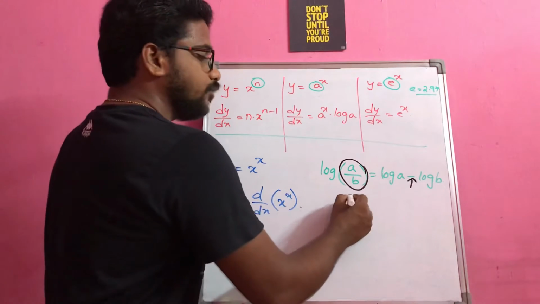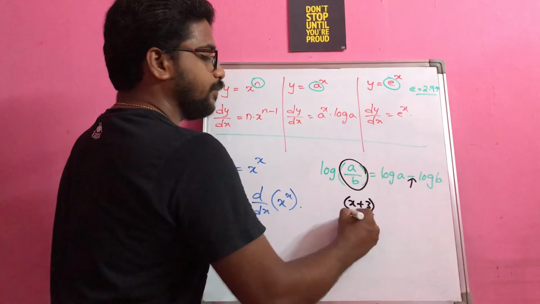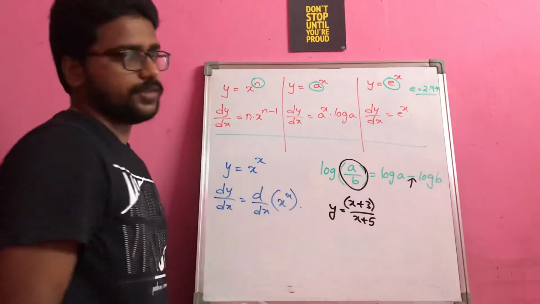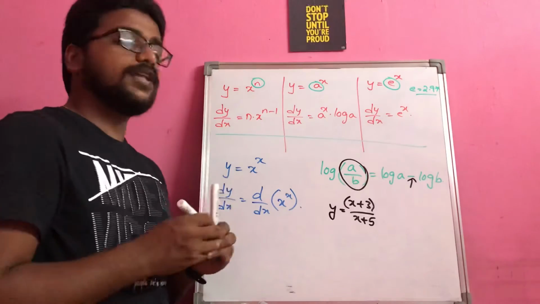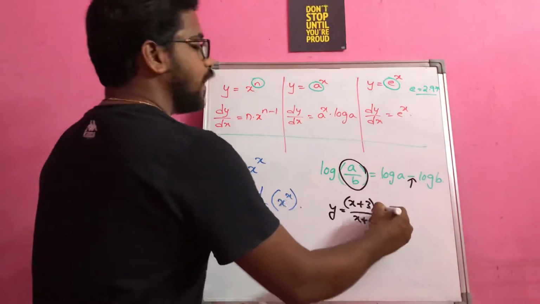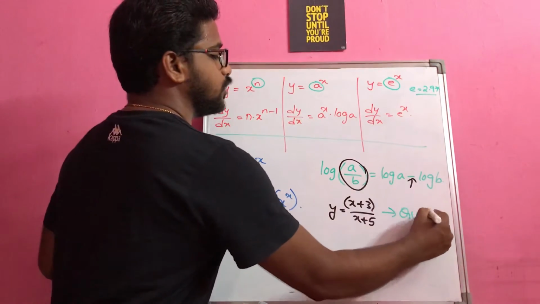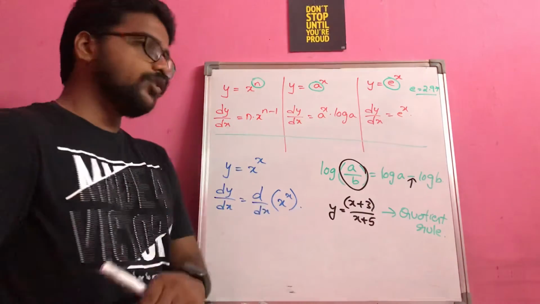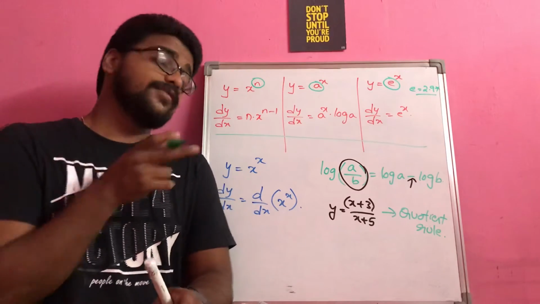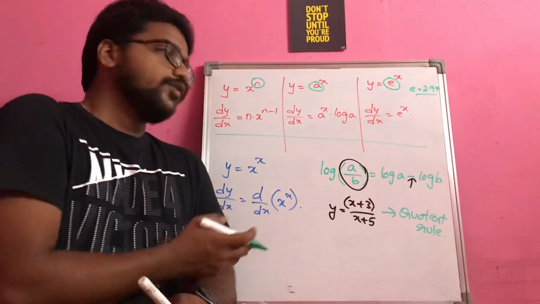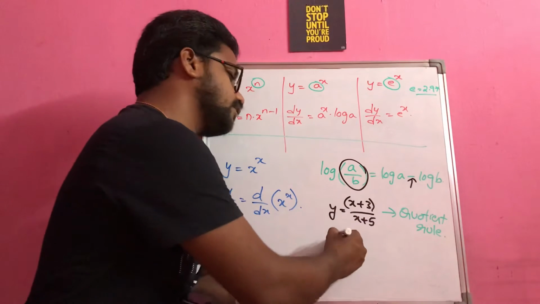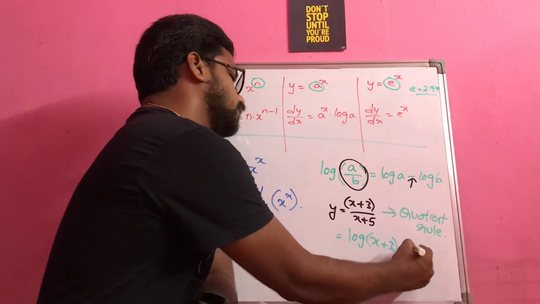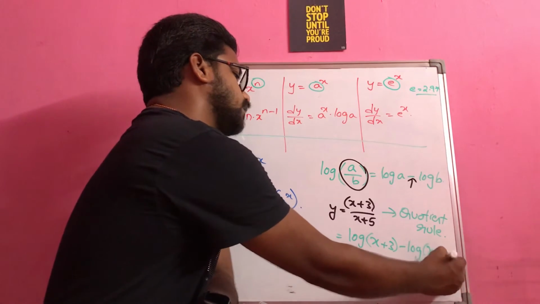If I give you a question like this, x plus 3 divided by x plus 5, let us say, and ask you to find the differentiation for this, for sure the first thought that will come to our mind is that we have to use the quotient rule or division rule, anything is same. But just understand from the logarithm point of view, when you apply the logarithm, whatever division you are having will be converted into log of x plus 3 minus log of x plus 5.